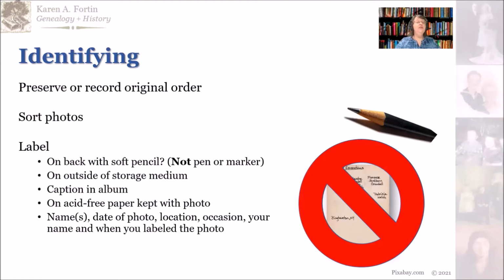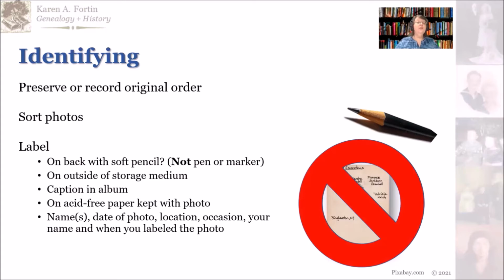The type of information that you would like to record are things such as the name or names of who's pictured in the photograph, as close as you can get to the date of when the photo was taken, and where the photo was taken, and if there is any special occasion associated with that photo.